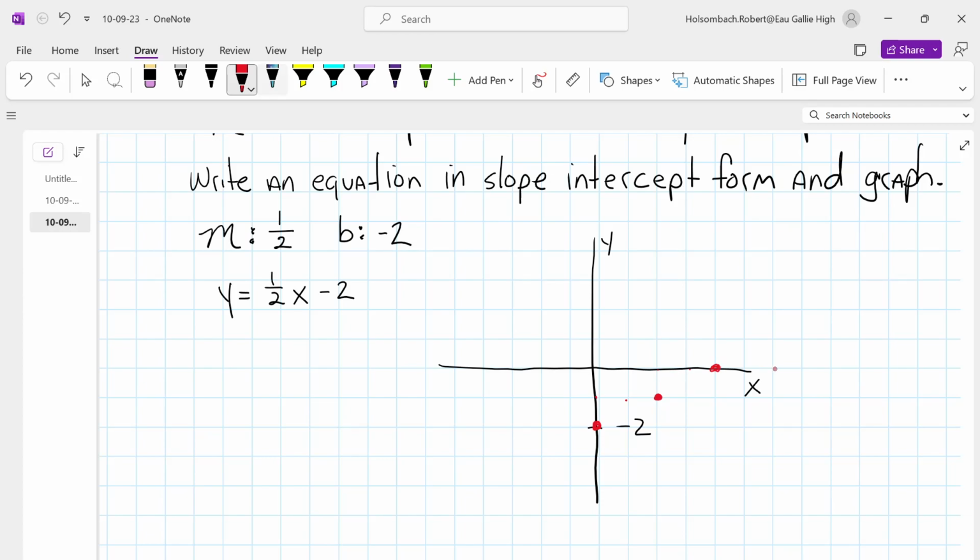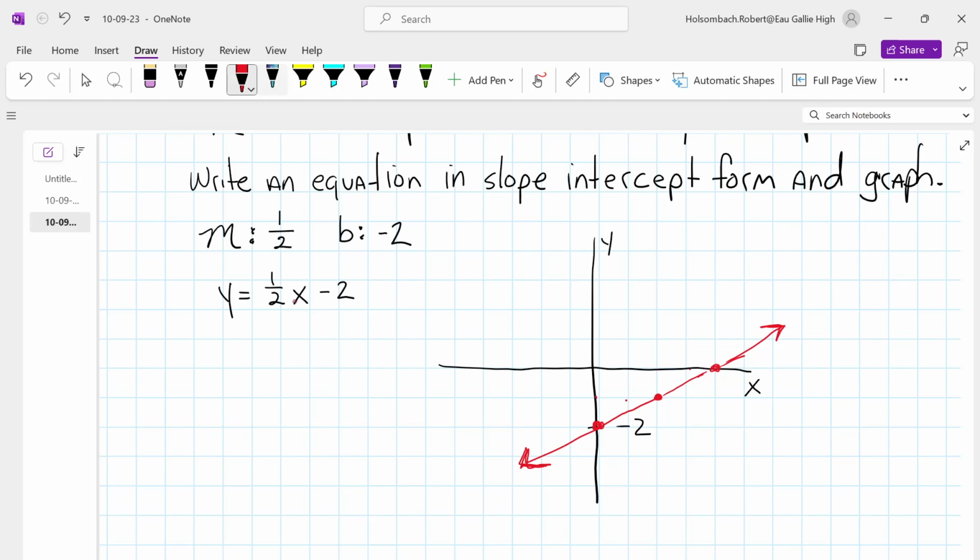And I've got 3 points on the line, and then I'm going to connect those points. So what I've got is a graph of a line that's hitting the y-axis at -2, and that's accurate. It's got a positive slope, so my line's going up and to the right, so that part's accurate. And that's all you need to get on your graph.